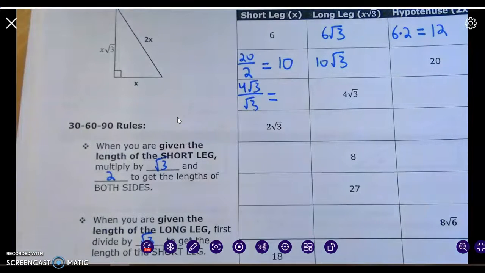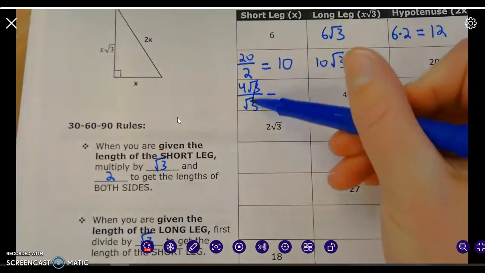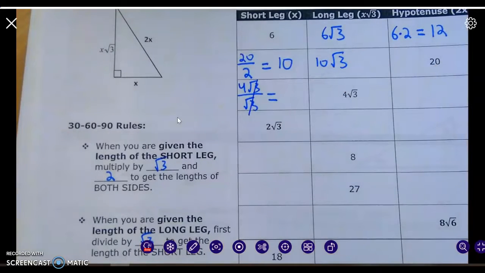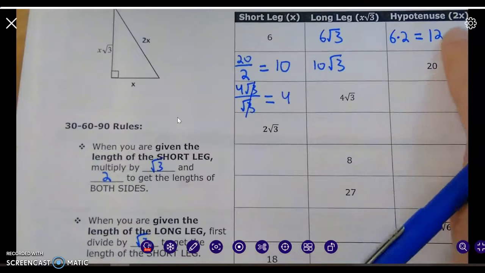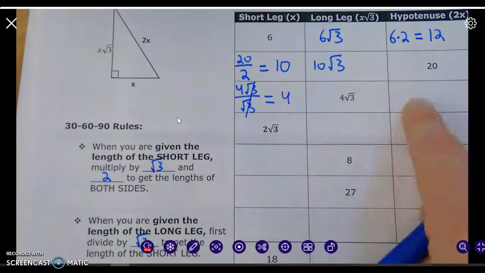Okay, this one works out kind of nice. Those can cancel out. So we just have 4. To get the hypotenuse, 2 times x. So we take that 4, double it.